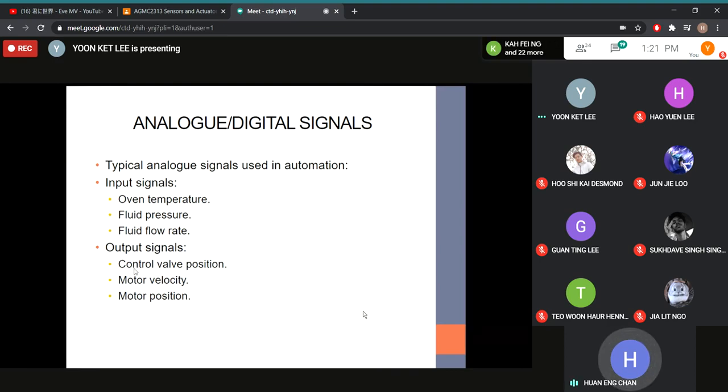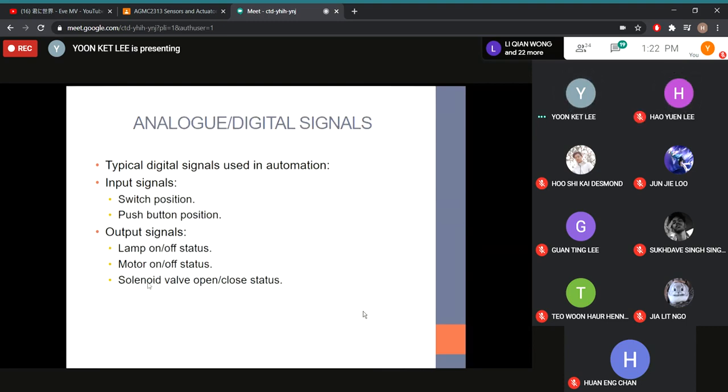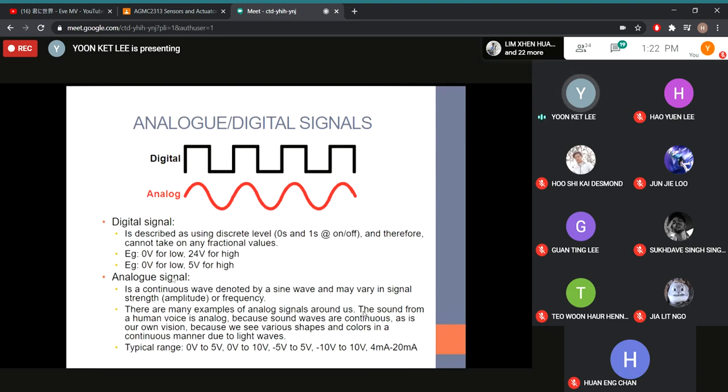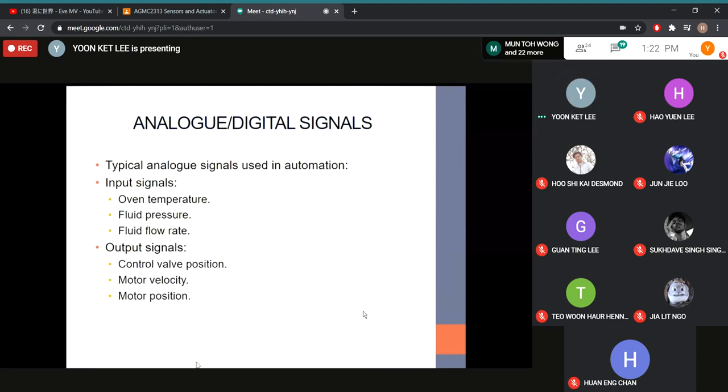The sound emitted from the radio. Yes, because when we speak, we have different tunes, they will go up and down. As you can see here, I mentioned a human voice is analog because it varies. So you are from DMG or DMR? DMG, both of us are DMG.